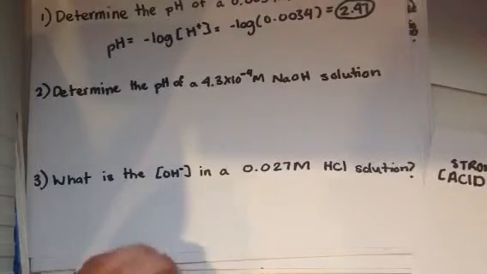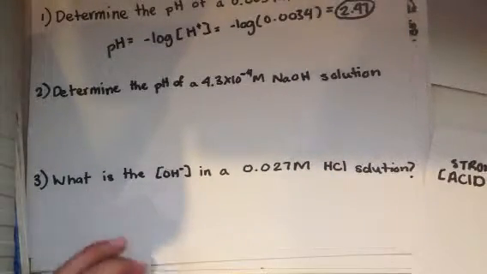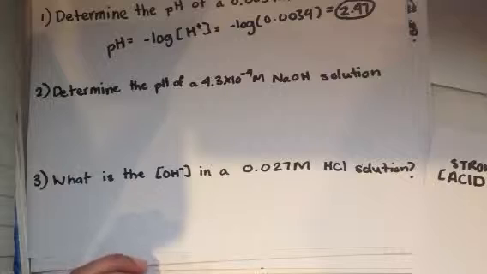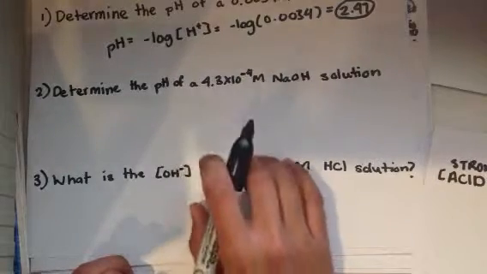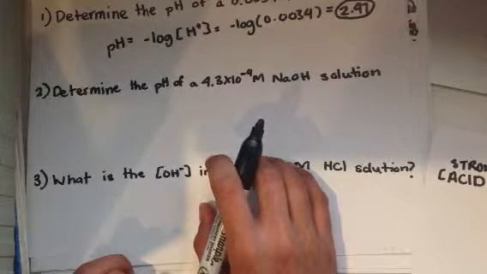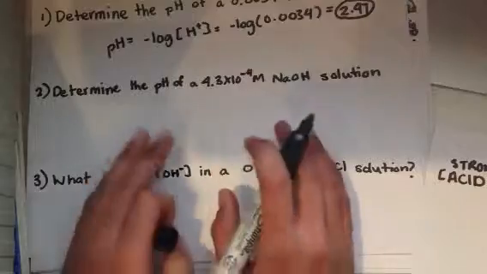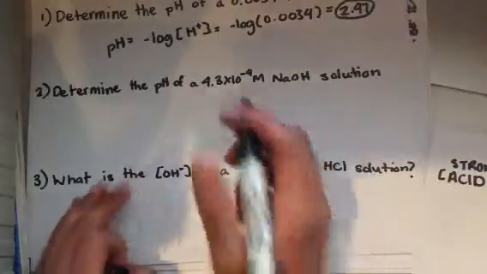So getting into this one here, first we'll find the pOH and then we'll find the pH.